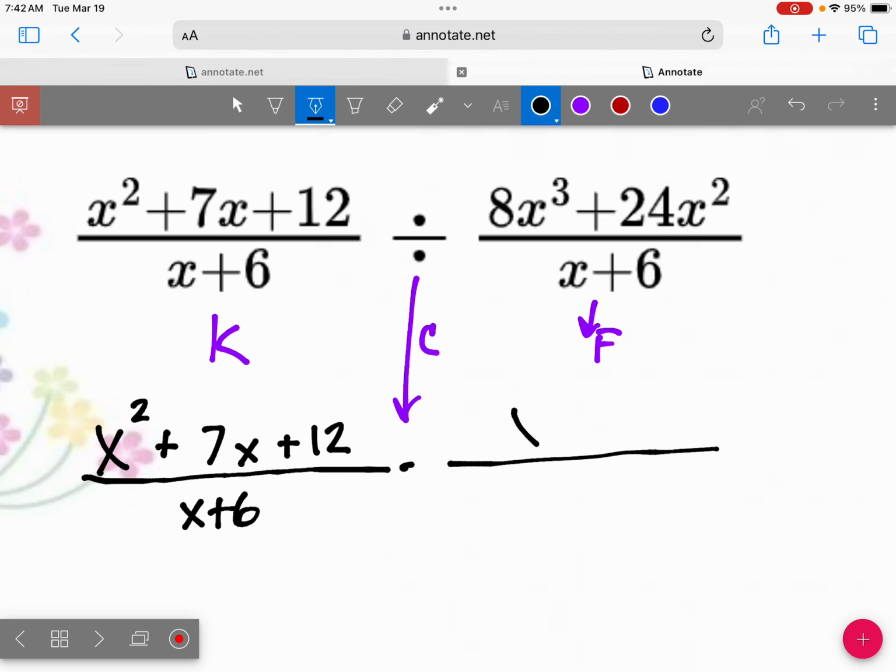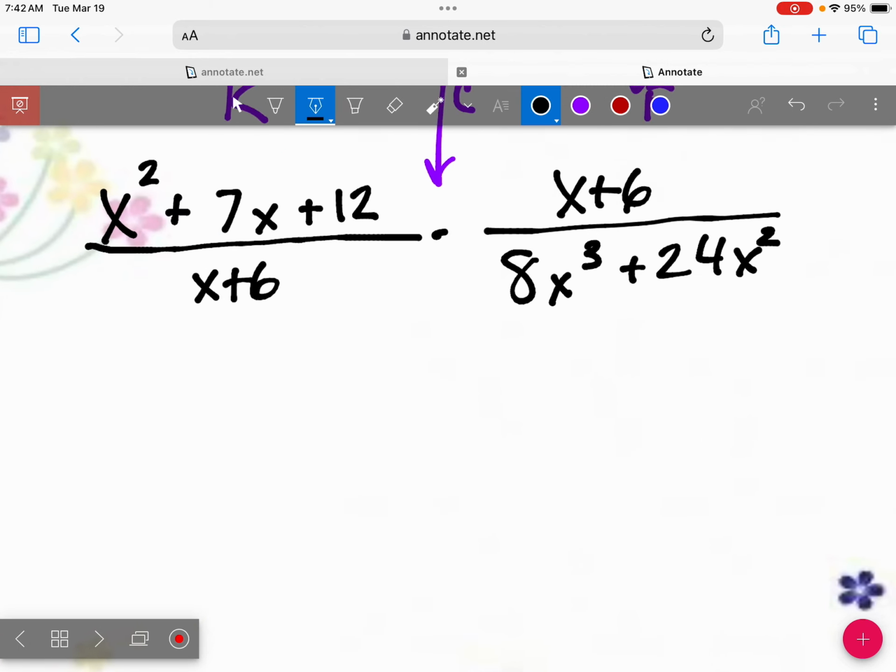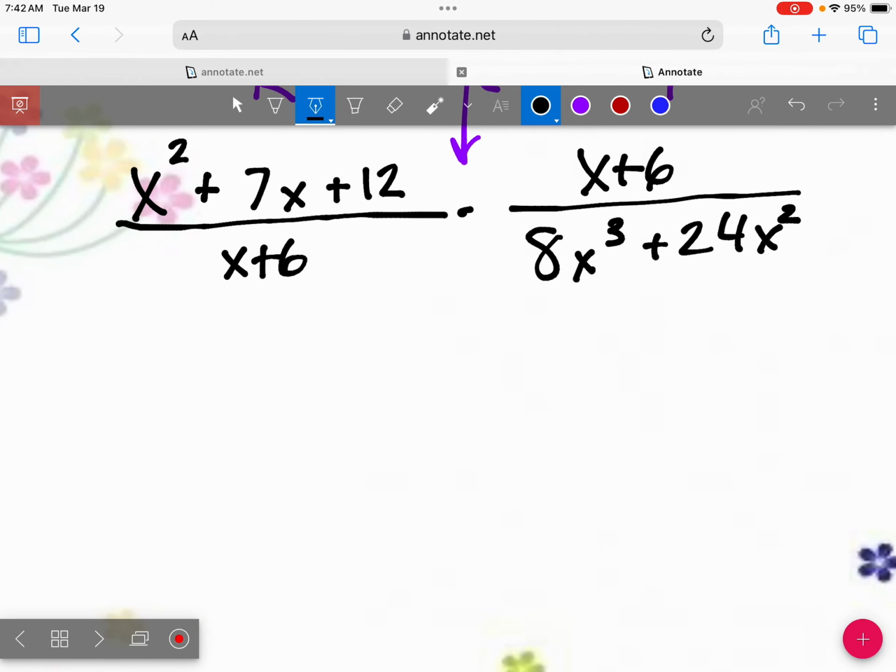So we're going to have our x plus 6 on the top and our 8x cubed plus 24x squared on the bottom. So when we have division, the very first thing you're going to want to do is keep, change, flip. Then we're into exactly what we did on the last one, where I factor everything we can and then simplify.